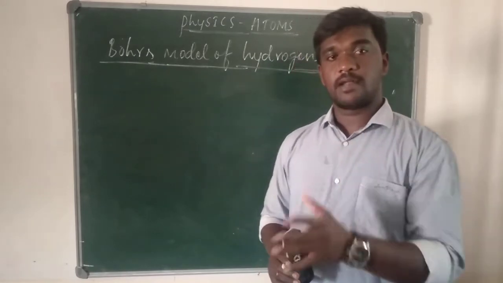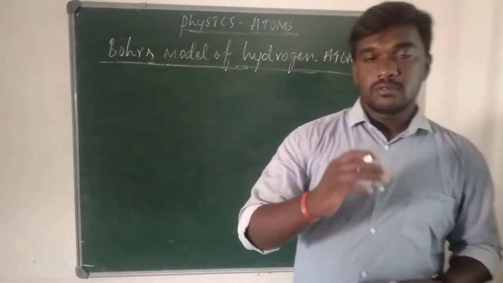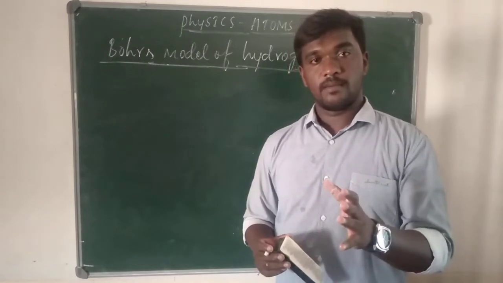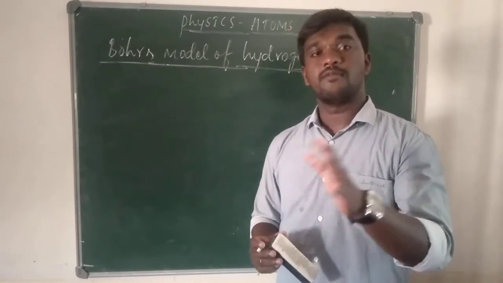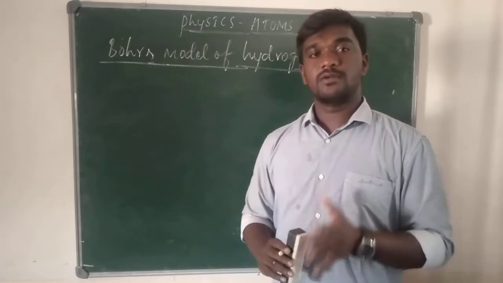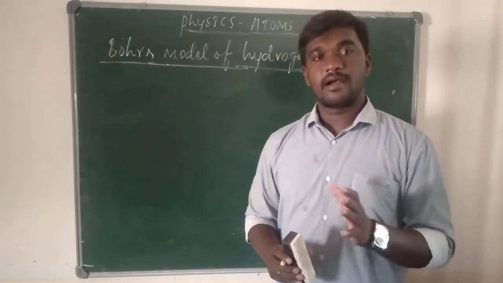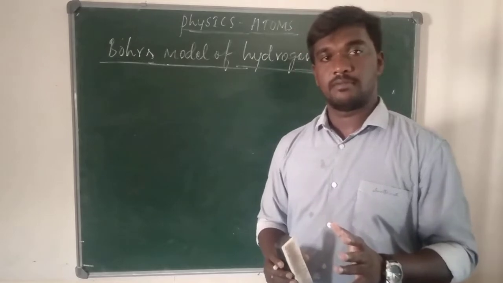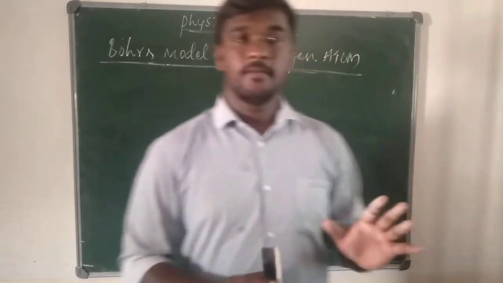In a circular orbit, the centripetal force required by the electron for revolution is provided by the electrostatic force of attraction between the nucleus and the electron. This is one postulate.